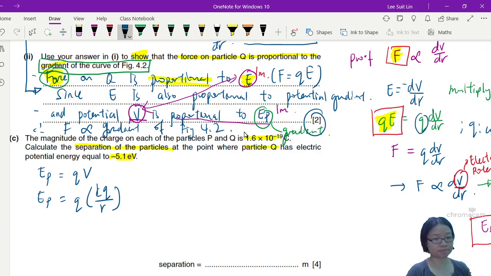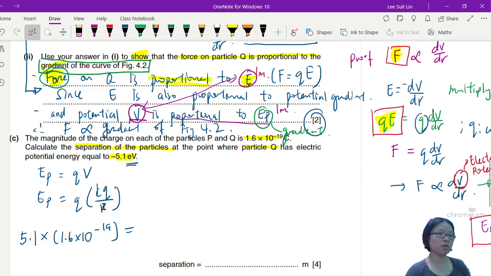KQ over R. You will also notice that there's a negative here. So since we are looking for the absolute magnitude, I can choose to not substitute the negative sign. Being aware that this is eV, I will multiply this by the electronic charge to convert to joule. So we always have to convert to joule whenever we use the equations in this format. Why? Well, because you have a physical constant K, and your final answer is in meter. So every other unit here has to be in SI.